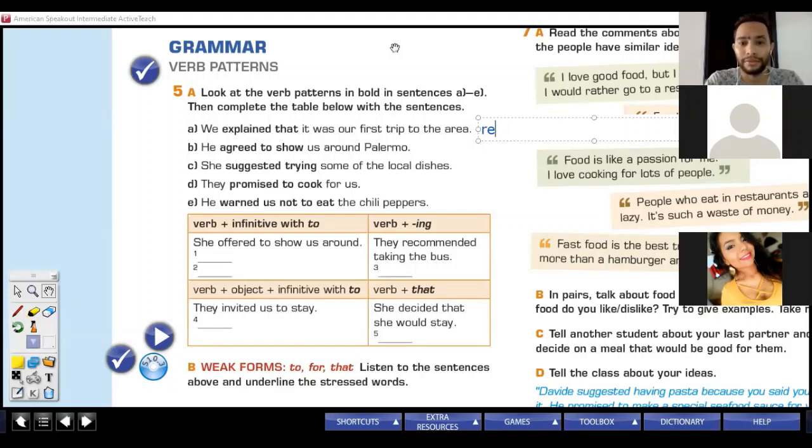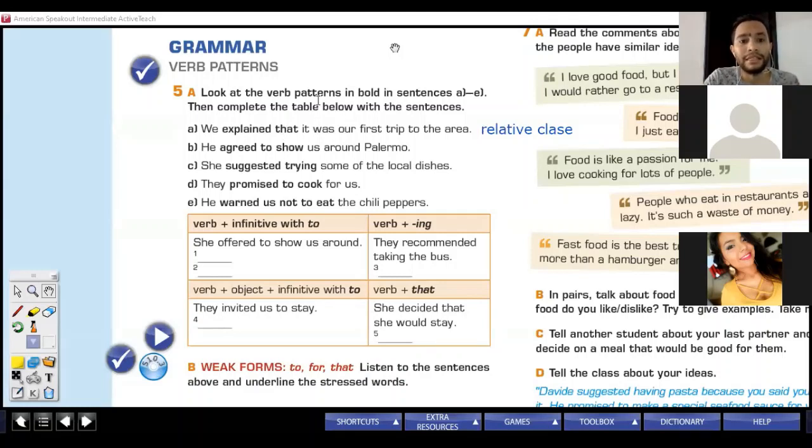So relative clause, we have already spoken about that, right? Remember, the relative clause can be defining and non-defining, and they are most likely followed by the relative pronoun that, right? So I can say, we explained it was our first trip to the area. So you can omit that if you want to, right?